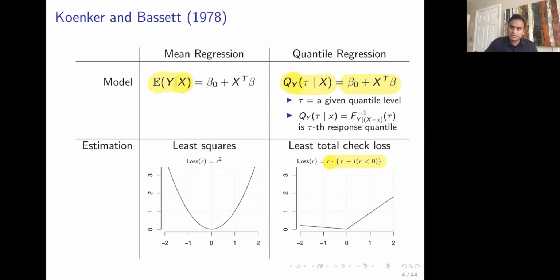Then you minimize your total loss in this loss function called the check loss. And you can do that by efficient linear programming, and then standard errors. I mean, there is an asymptotic normal theory on the estimated parameters under that check loss function.